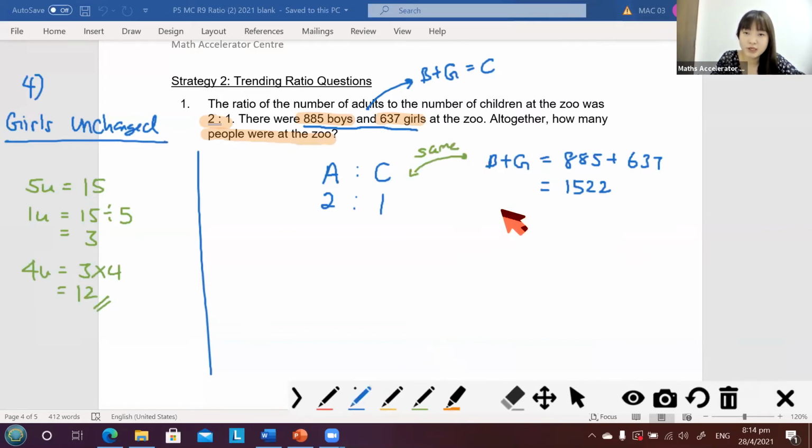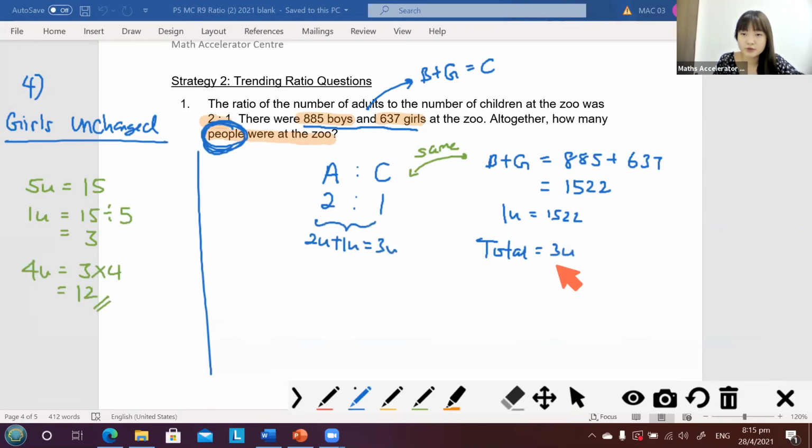All right, which means 1 unit is your 1,522. So now they're asking you how many people. So how many units are they looking for in total? Okay, fantastic. 3 units. All right, because adults plus children, this would be 3 units in total.